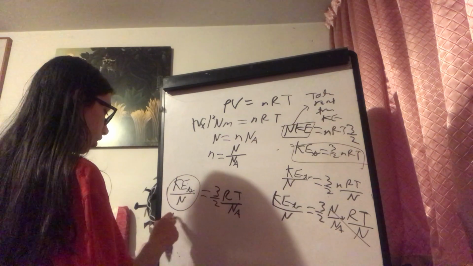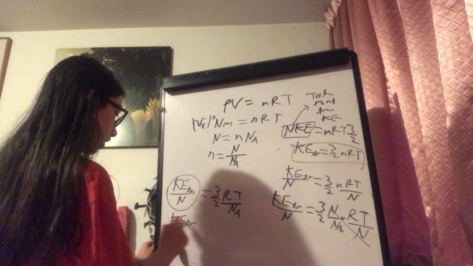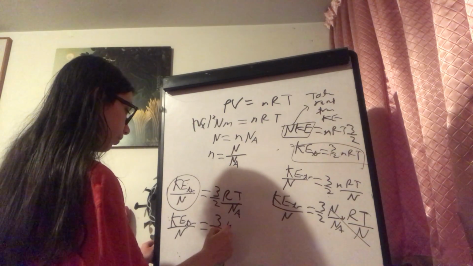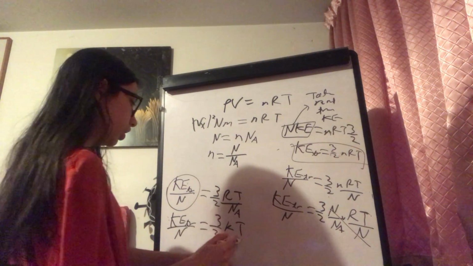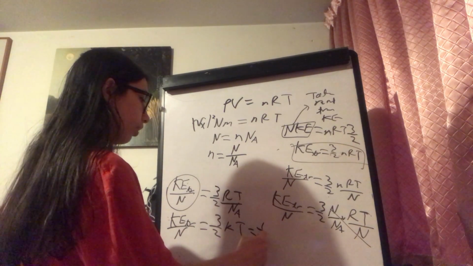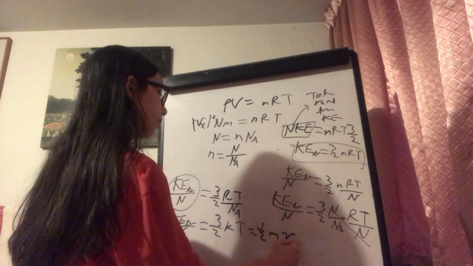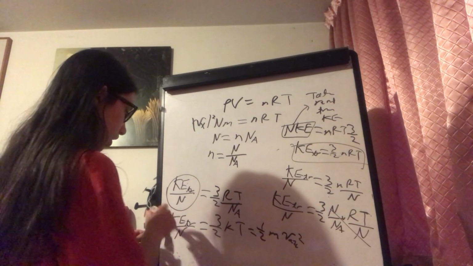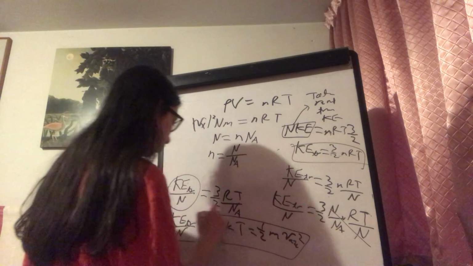So we have the translational kinetic energy of one molecule is equal to 3/2 of the Boltzmann constant times the temperature, and this will be equal to the kinetic energy, which is just 1/2 of the mass times the average velocity squared. So this is the second equation.